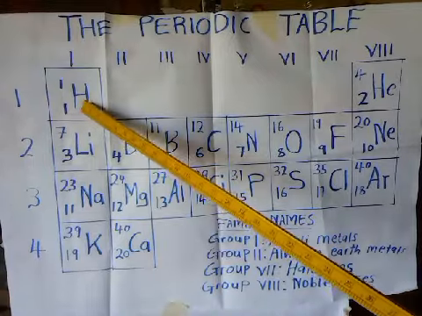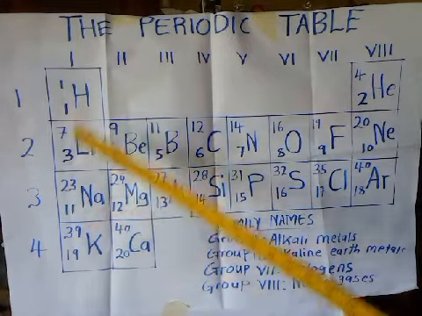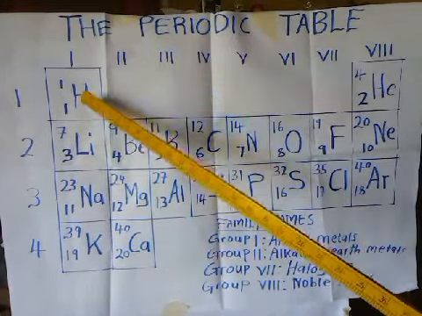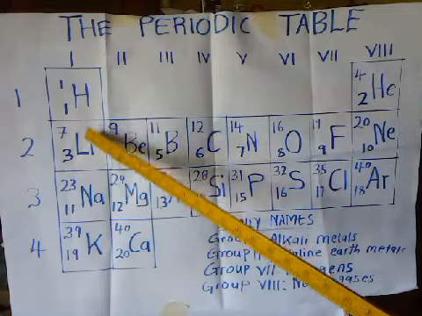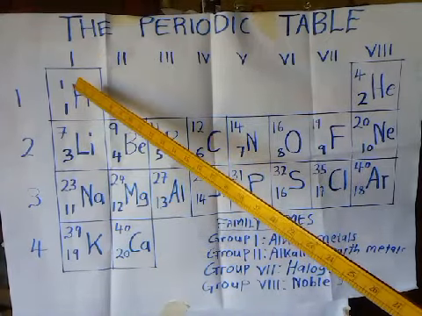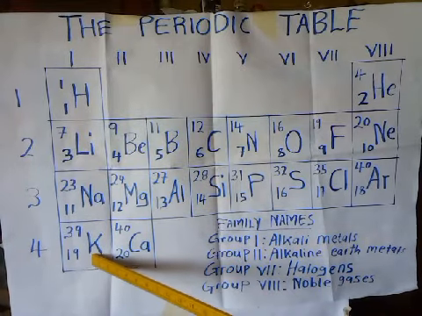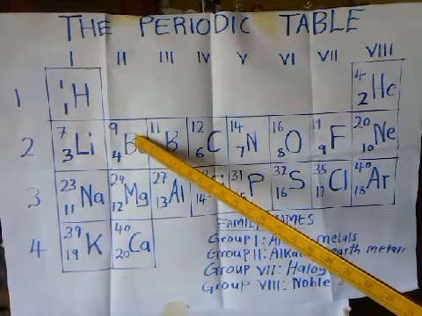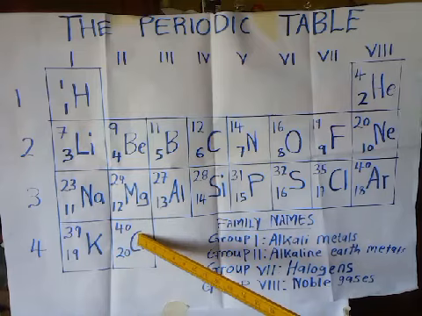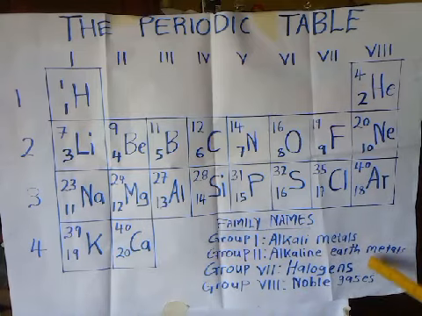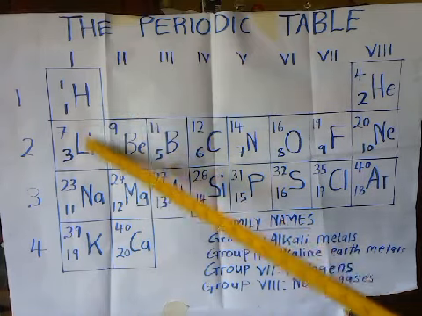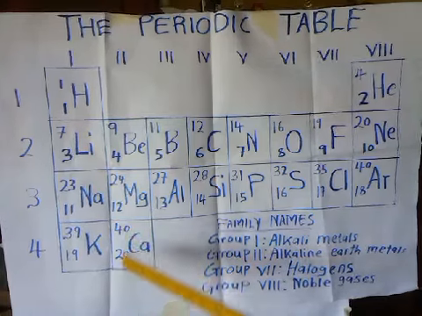These elements were placed here according to their physical and chemical properties. They have the same physical and chemical properties. In group 1 we have hydrogen, lithium, sodium, and potassium. In group 2 we have beryllium, magnesium, and calcium, up to group 8, meaning that they have the same physical and chemical properties.